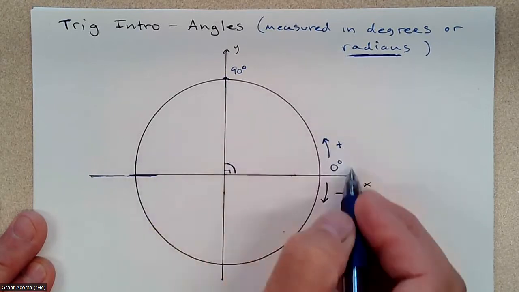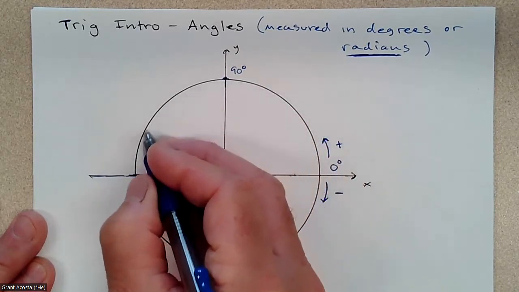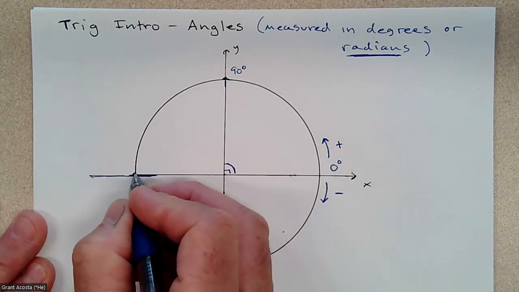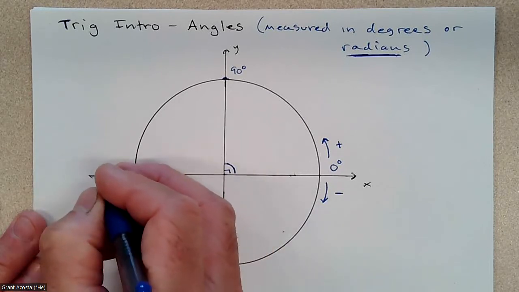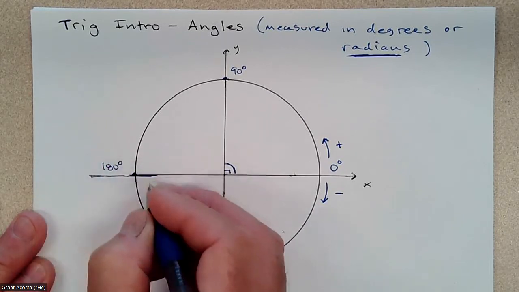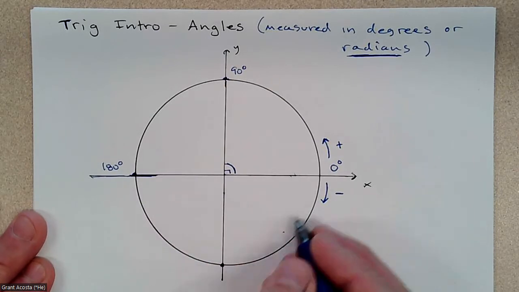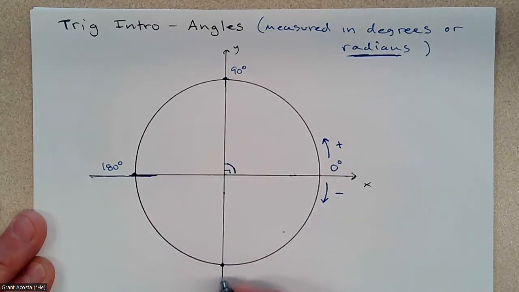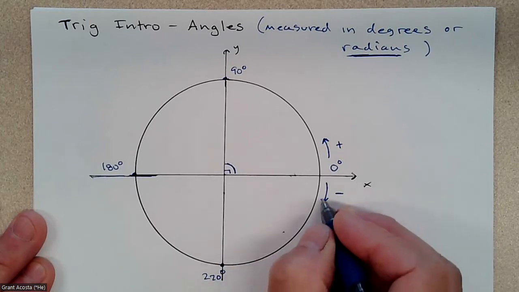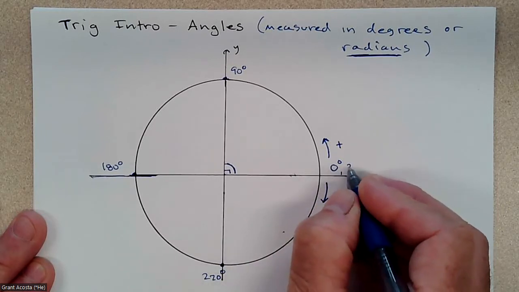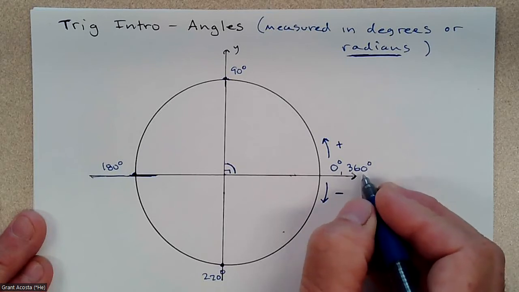If you go 90 and then you do another right angle, putting you here halfway around the circle, that is 180 degrees. Keep going another quarter circle, you're going to be adding 90 degrees to that. If you rotate 3/4 of a circle, that's going to be 270 degrees. And one full trip around the circle is 360 degrees.